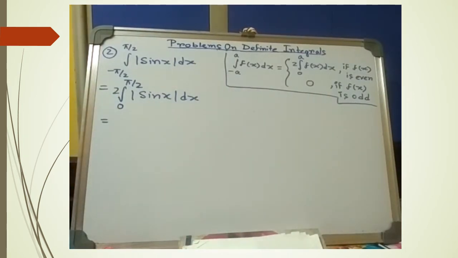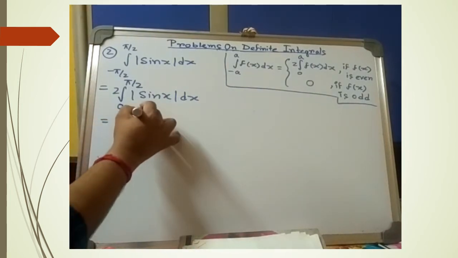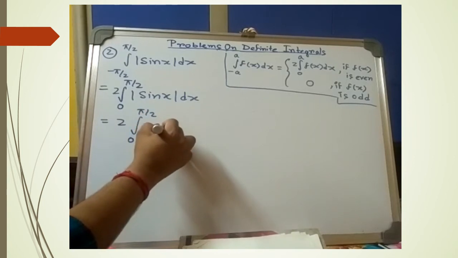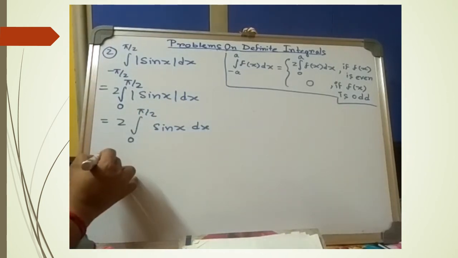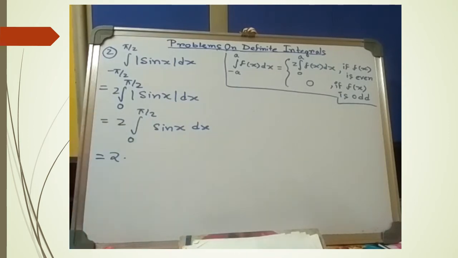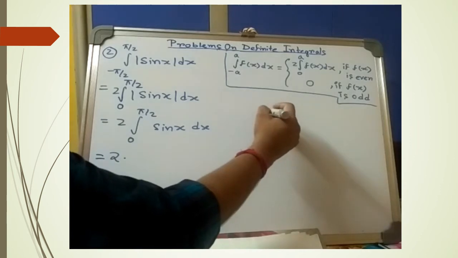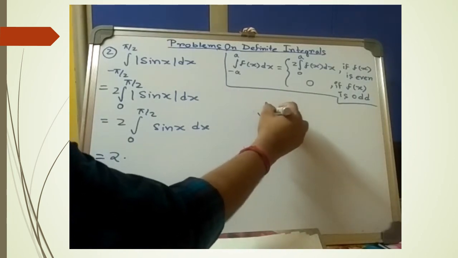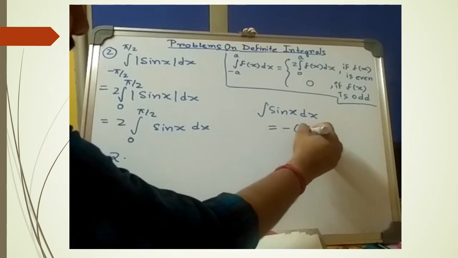This equals 2 times the integral 0 to pi by 2 of sin x dx. Now we can integrate. We know the integration of sin x dx equals minus cos x.